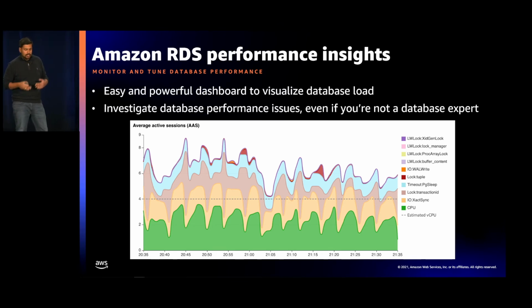So what you see here is a number of active sessions over a time scale, and the dotted gray line shows the estimated vCPU for Aurora Serverless databases. So this is what you would want to watch and monitor to determine if there are any bottlenecks, and you can optimize your workload to reduce the load on your database. Or the alternative is that you can use this dashboard to figure out if you need more capacity and increase the capacity on your serverless database.